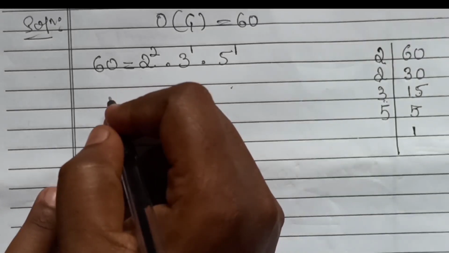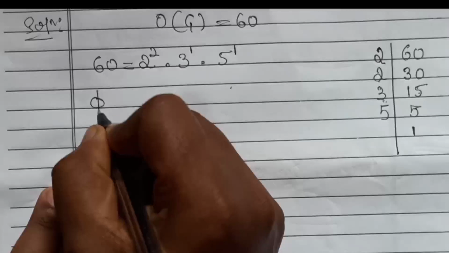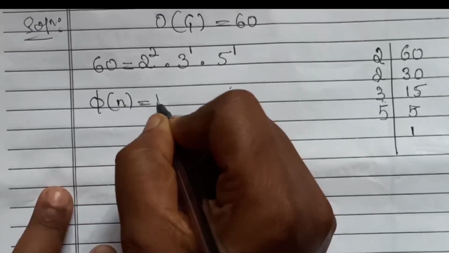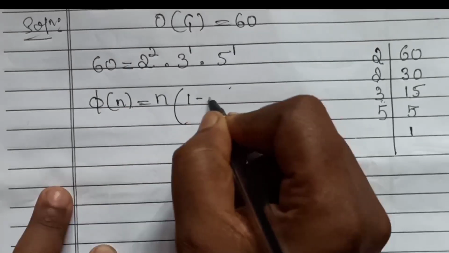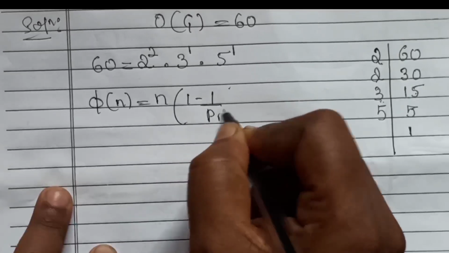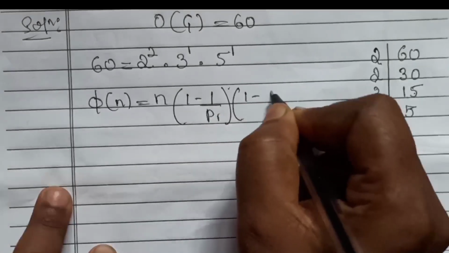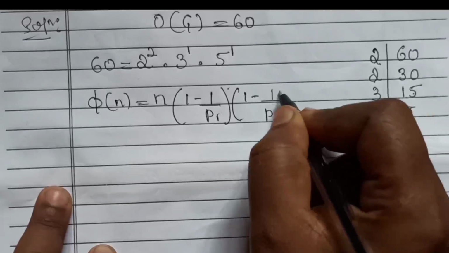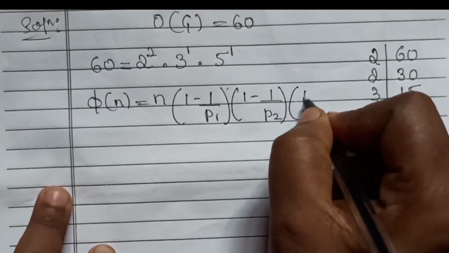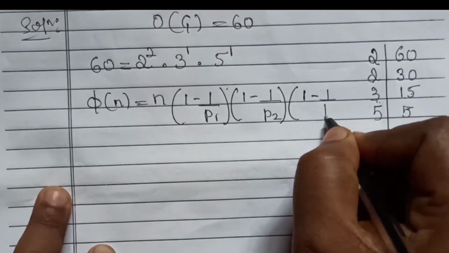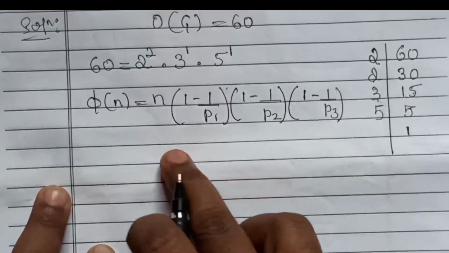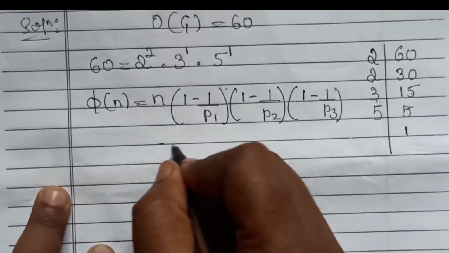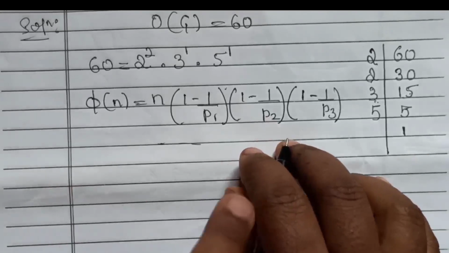The formula is given by phi of n equals n into (1 minus 1 by p1) into (1 minus 1 by p2) into (1 minus 1 by p3) and so on up to 1 minus 1 by pk.